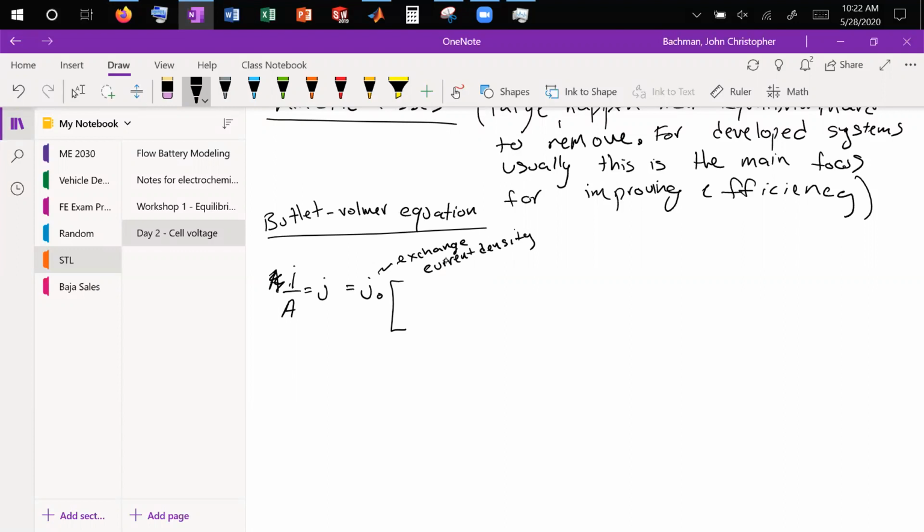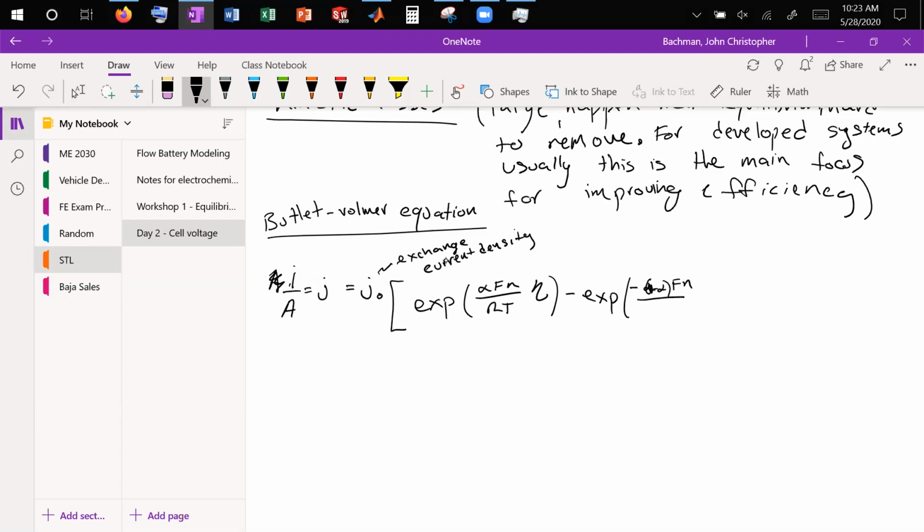times you're going to have the exponent of alpha times F times, we've been using n in this class so far, n over RT times the overpotential, minus the exponent of negative, and this is usually a 1 minus alpha, F n.